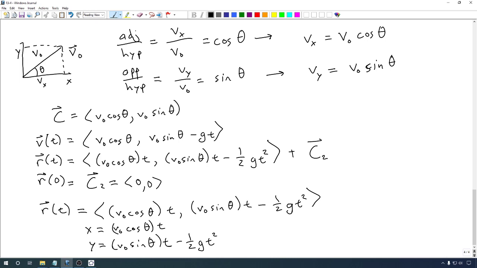So you can already see here that the path that this particle is going to follow is a parabola. Of course, we are assuming here that we don't have any air resistance and all that kind of stuff. So factoring in some other piece of information, wind, air resistance, all that kind of stuff, can make things not be a parabola. But in this idealized case, we do get a parabola as a result.